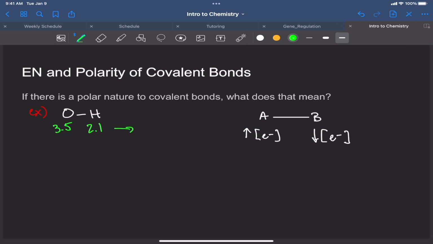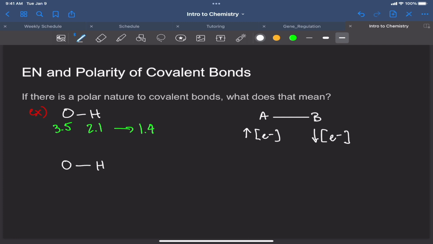You'll see that this difference, 1.4, is a polar covalent bond, and we're going to draw a dipole and delta charges to represent which side is going to experience more electrons around it.